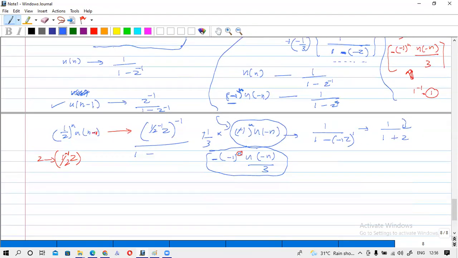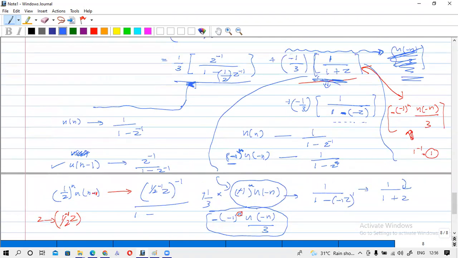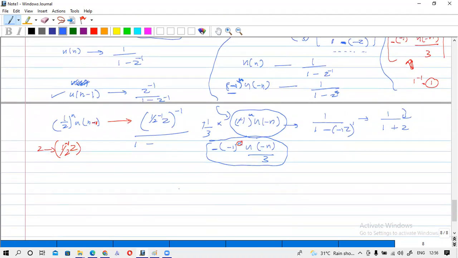This will be 2n, no? This will be 2n. Okay, I will tell you. So if I put this one, I will get half minus n minus 1, half minus 1 z^-1. That is okay.